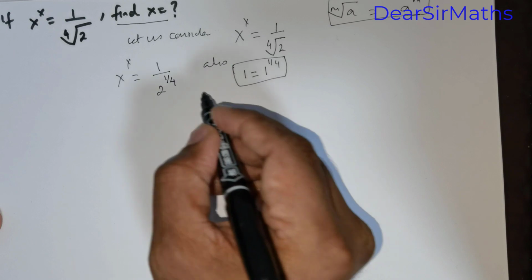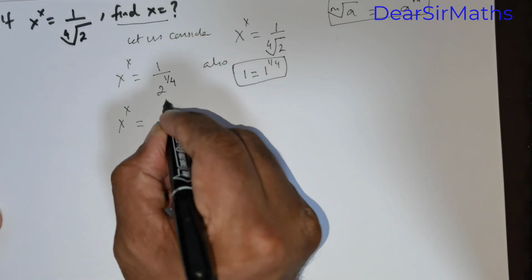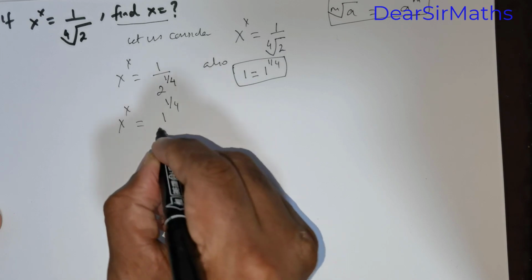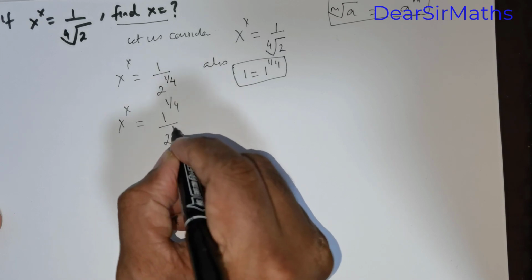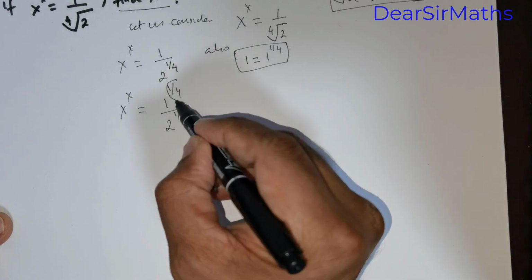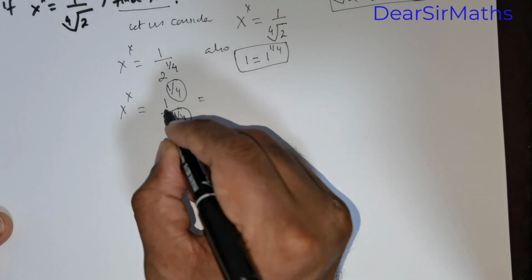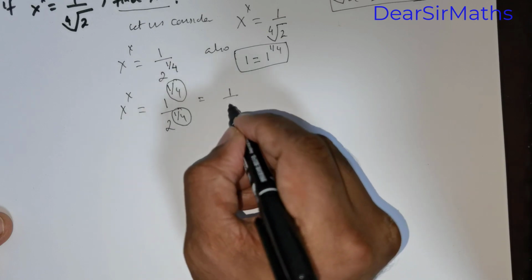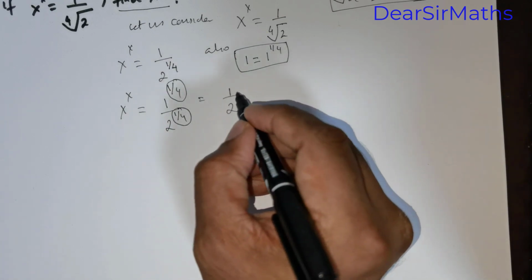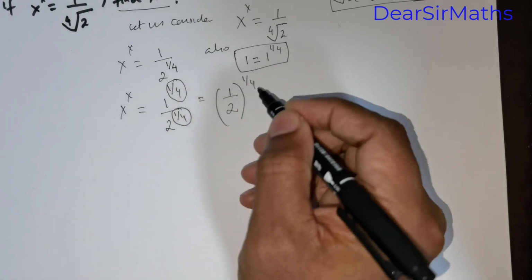There's no harm in writing it like this. So if I were to do that, this can be rewritten as x raised to the power of x is equal to 1 raised to the power of 1 over 4 divided by 2 raised to the power of 1 over 4. Now clearly you can see that the exponents are the same. So this can be rewritten as 1 over 2, this entire quantity raised to the power of 1 over 4. So this is always possible.